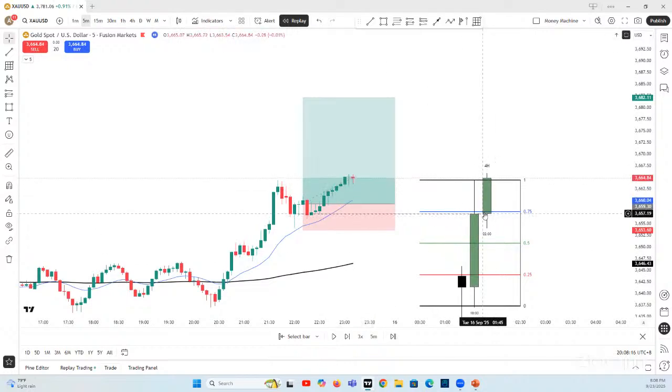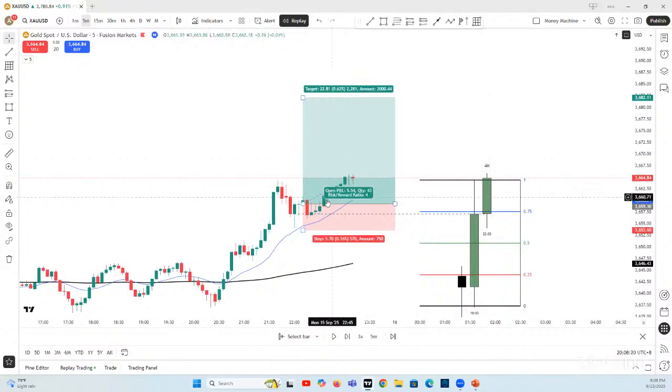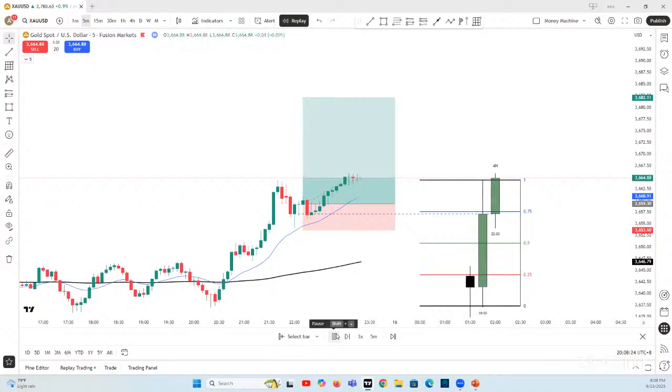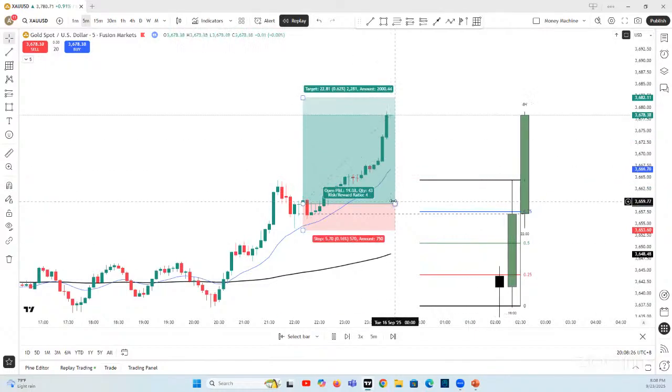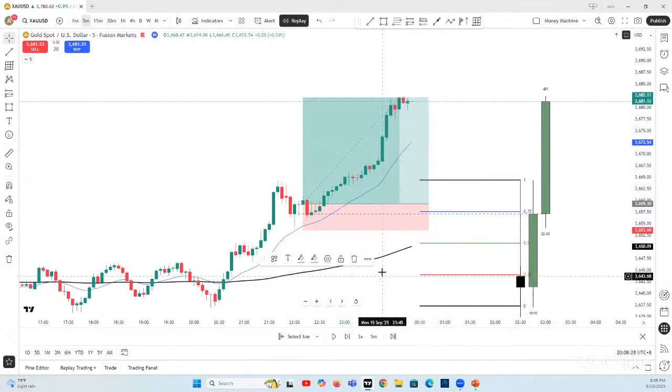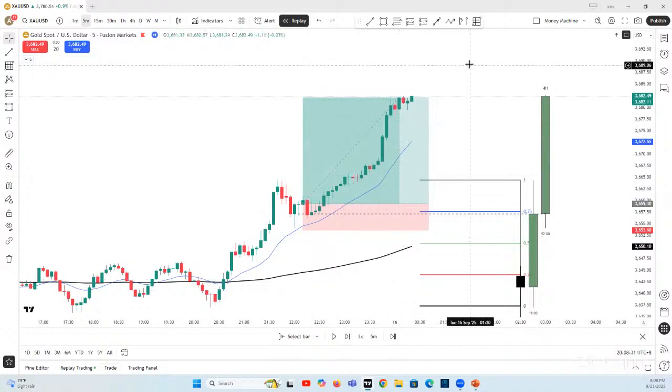You see? Now the 4-hour candle is starting to grow there, and your price is going to your take profit. Let's see and hope it hits our 1:4 easily, my friends. You see, that's it. That's the 4-hour candle strategy.